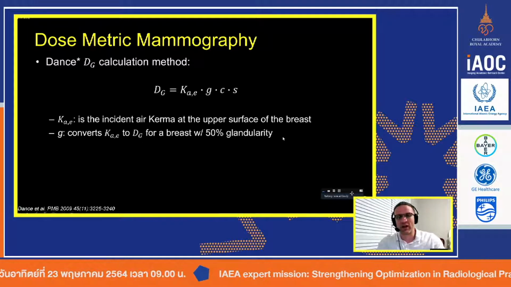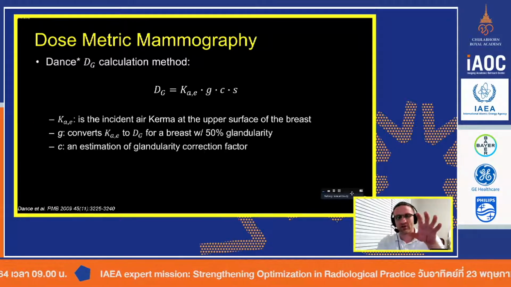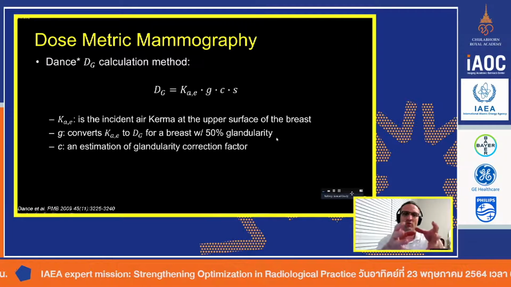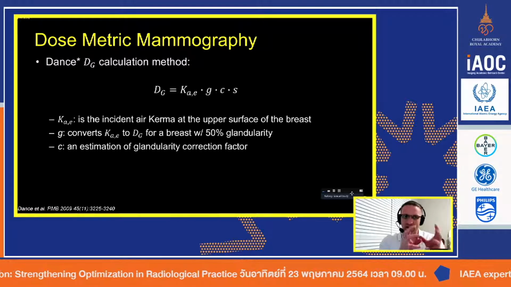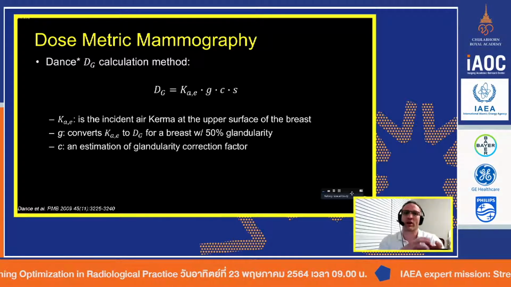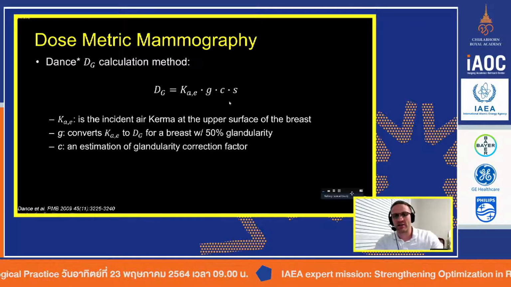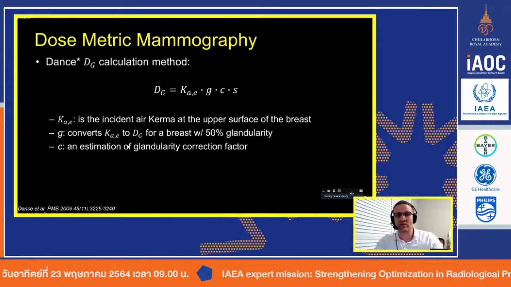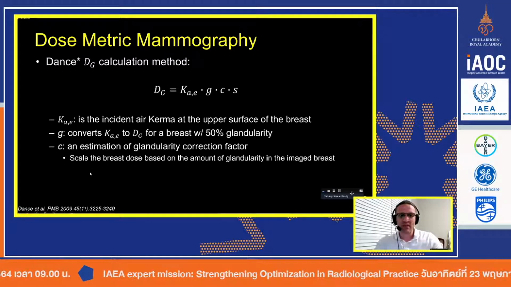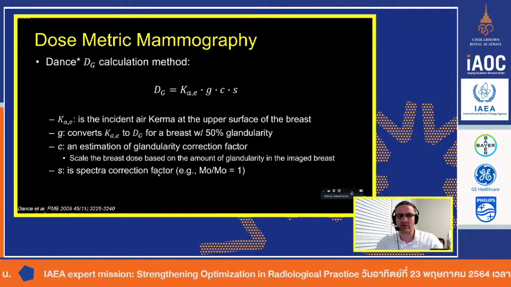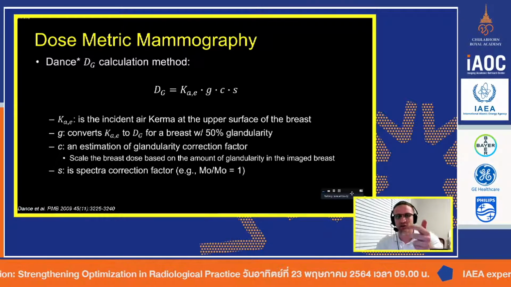But we know that every breast that gets imaged is not exactly 50-50. So we need to correct for however much glandularity is in that breast in that image. And that's what C is. C is an estimation of the glandularity in the imaged breast. And then S is the spectra correction. Remember the half value layer, which is dependent on the target filter combination.